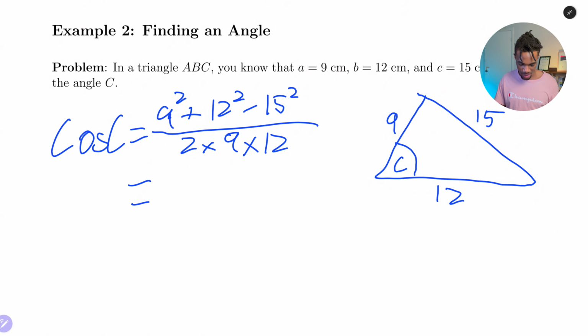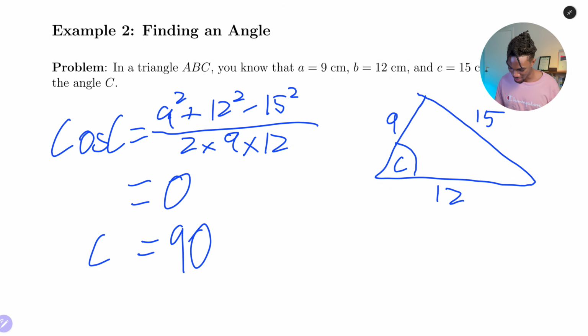Put that in the calculator: 9 squared plus 12 squared minus 15 squared over 2 times 9 times 12. We get 0, and then C is equal to 90. So C is going to be a right angle.